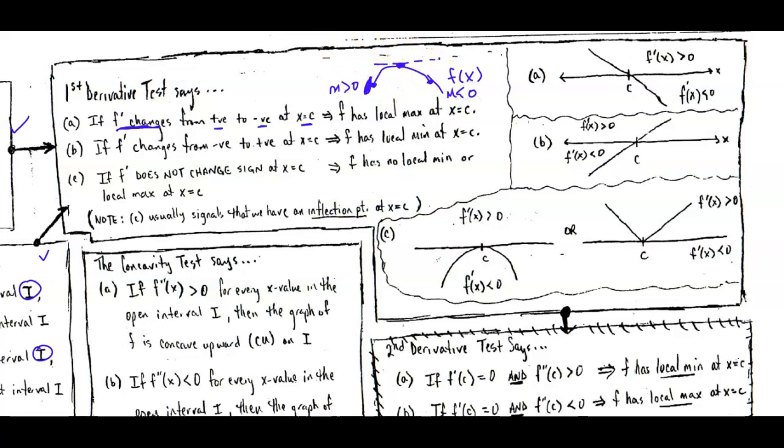To put that another way, my function was increasing and now it started decreasing. Of course, here it would be 0. So if my function goes from increasing to decreasing, I know that I have a local max at x equals c.